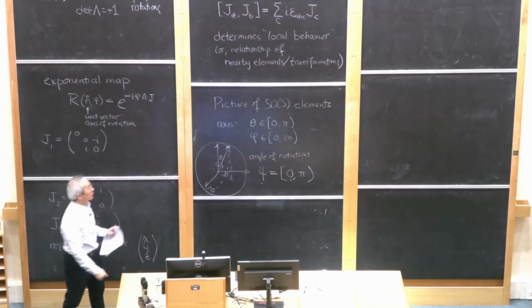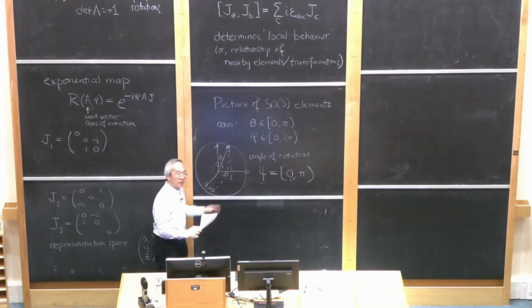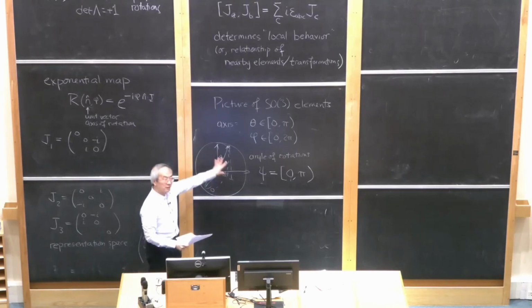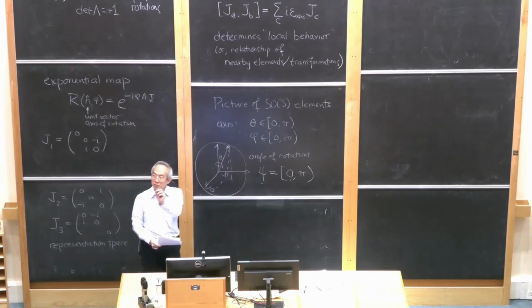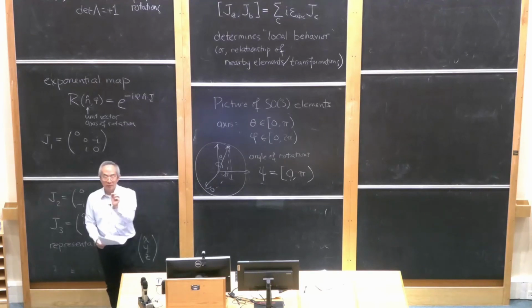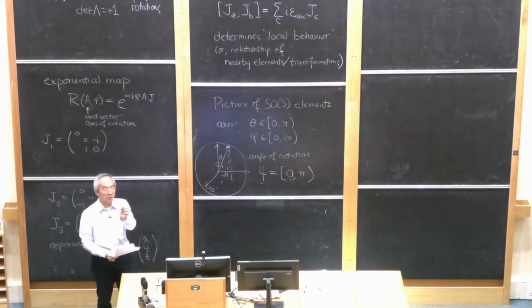Okay? So from a topological perspective, the parameter space of SO3 is a little bit messy. In the interior of the sphere, you're fine. All your local neighbors, all the neighboring transformations, exist within a fairly small neighborhood in parameter space. So you vary the parameter just a little bit, you get all the neighbors.